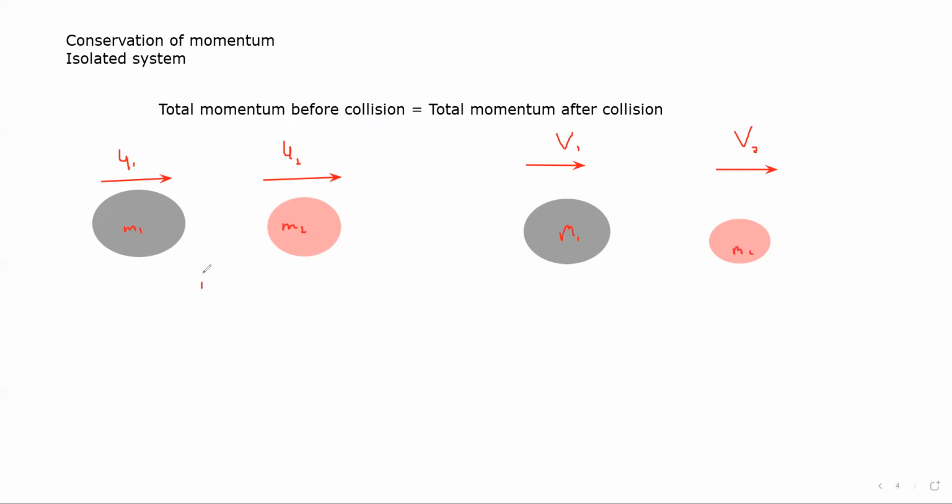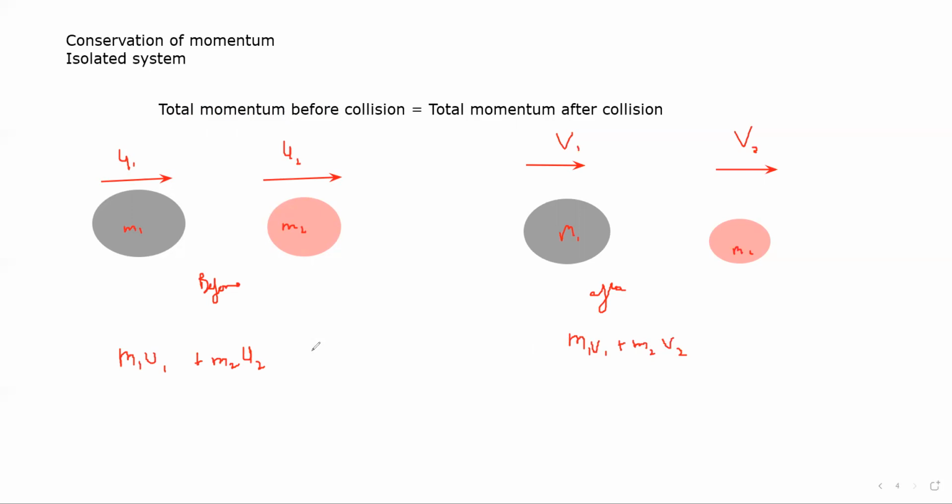So what is the momentum before they collide with each other? The total momentum before collision, the sum of the momenta, is equal to M1 U1 plus M2 U2. And the momentum after collision is M1 V1 plus M2 V2.